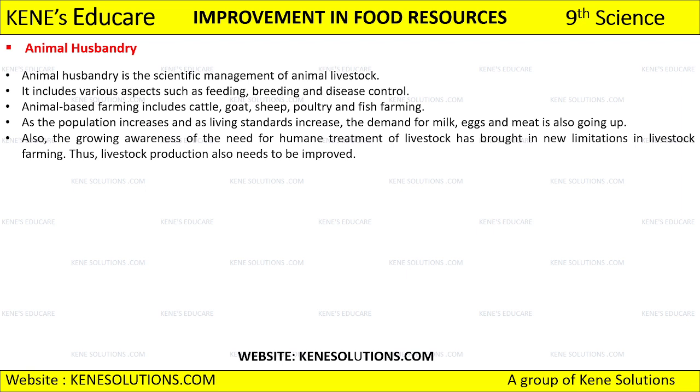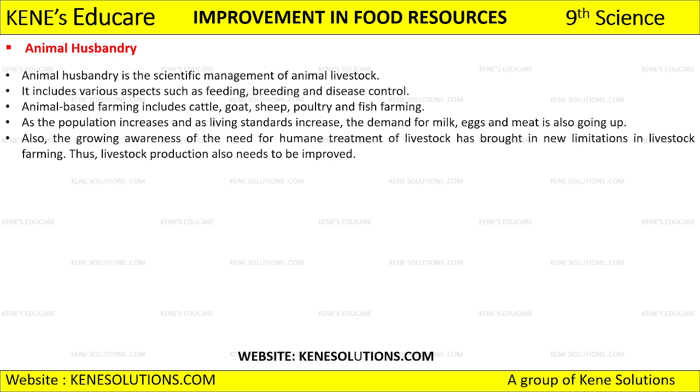Okay, after that we discussed that animal based farming includes cattle, goat, sheep, poultry, and fish farming. What does it include? Poultry, sheep, goat, cattle, and fish farming.